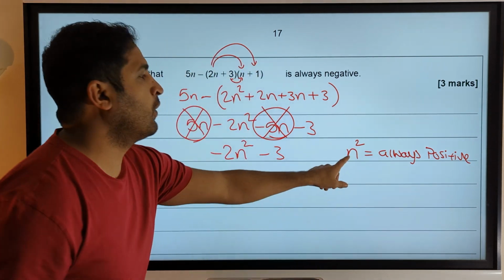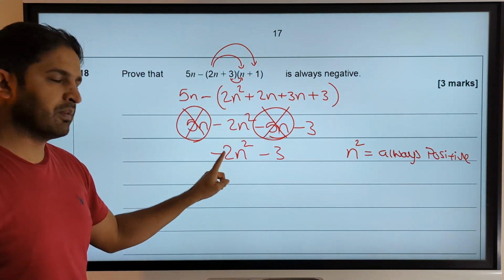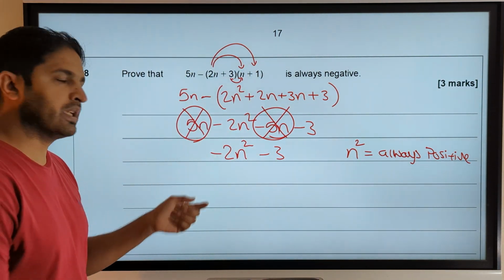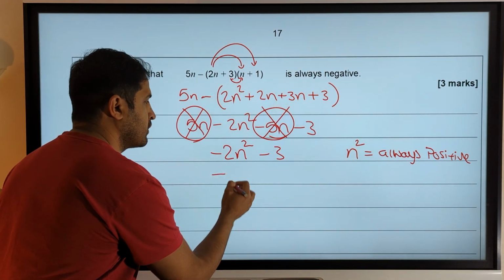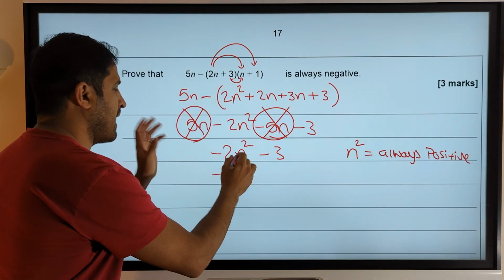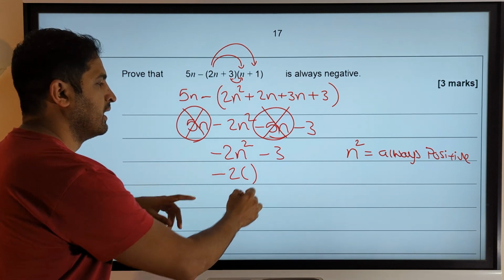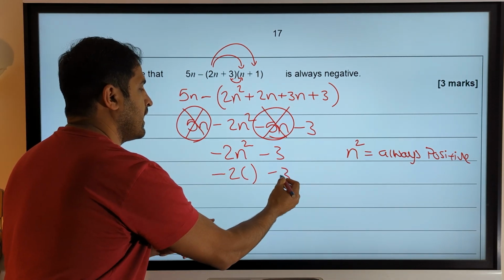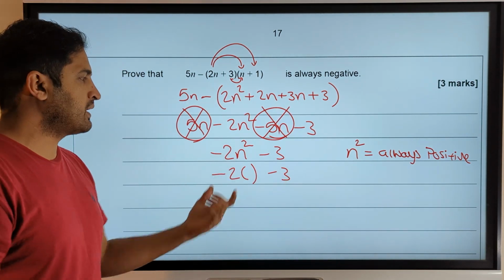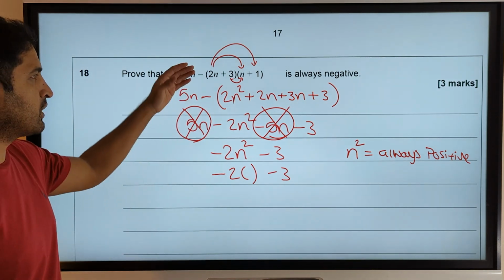So a square number is always positive. A positive number multiplied by a negative number will give you negative. So that's going to be negative 2 times something, doesn't matter. And that's going to be negative 3. And if you add two negative numbers, the answer is always going to remain negative. So that just proves it.